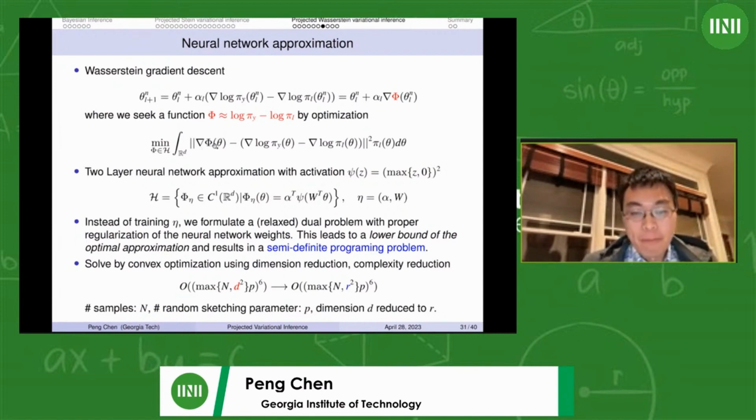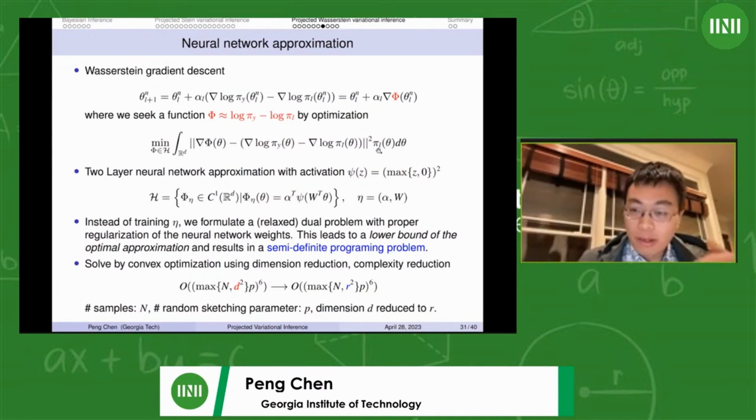So the function space now becomes the continuous function space represented by a two-layer neural network. Then we can directly train this two-layer neural network step by step, for each given π_L.